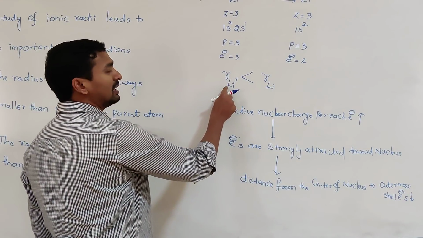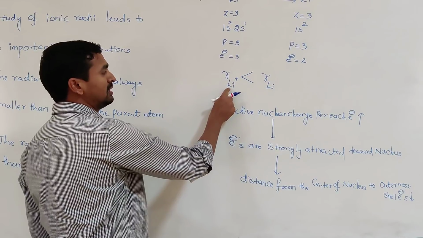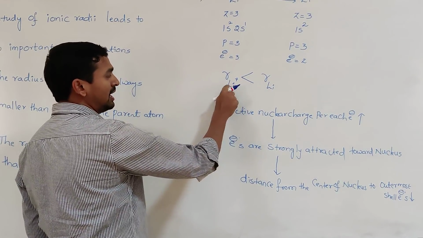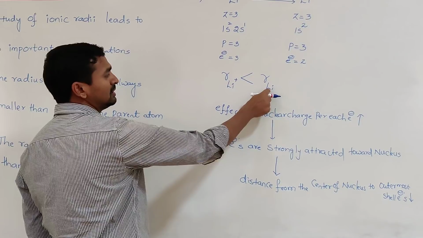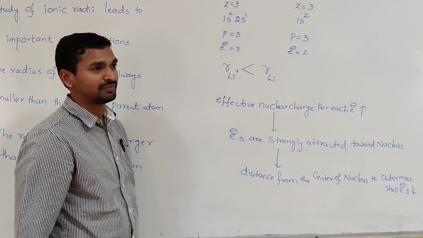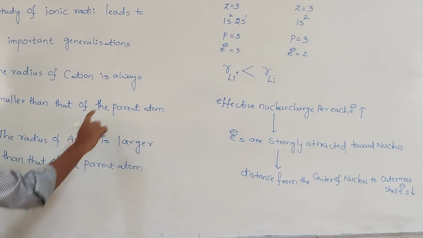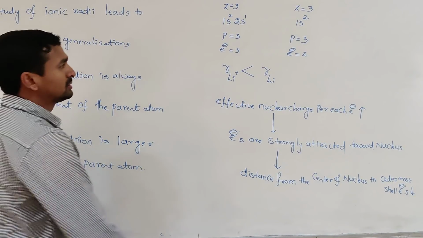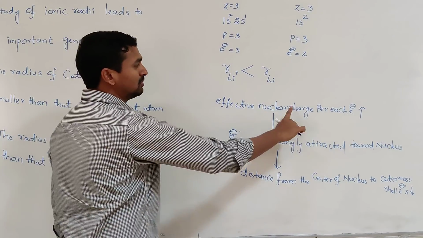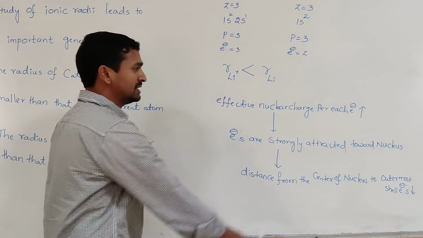That's why the lithium plus ion has a smaller ionic radius than the radius of lithium. So the statement is that the radius of the cation is always smaller than that of the parent atom, because by loss of electrons, the effective nuclear charge per electron increases.